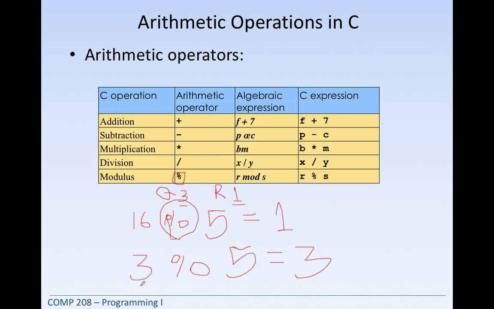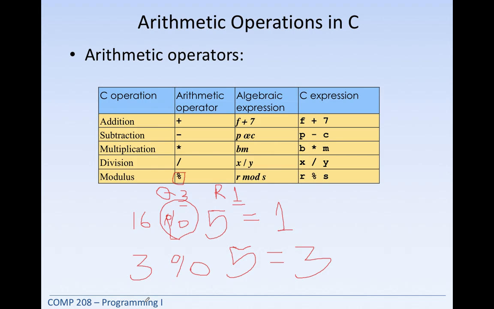So 3 modulus 5, because it's less than 5, is immediately 3. 16 modulus 5, it's greater than 5, so 16 divided by 5 is 3, remainder 1.